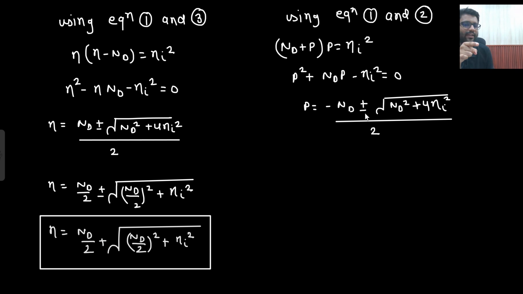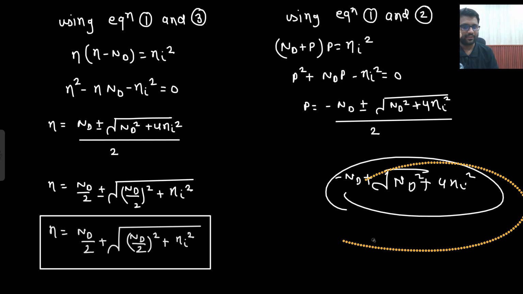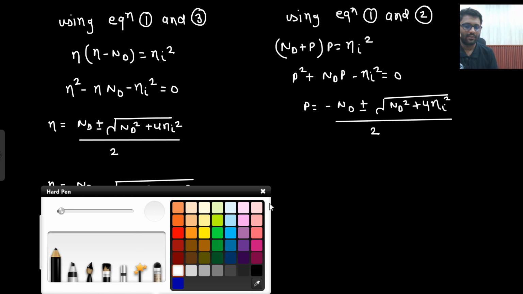Even if you take the positive sign or if you take the negative sign, always this value will be negative. Minus minus minus minus will be minus only. Even if I take the positive sign, minus Nd plus under root Nd square plus 4 ni square, this value will always be larger than this value. That means this whole value is always negative.